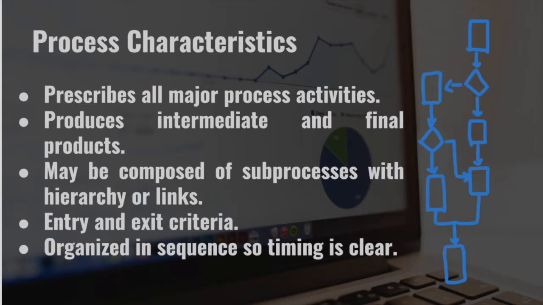We can safely assume that any process that is on the top has a higher hierarchy than the ones in the bottom. And you can see that we begin from one main thing and then end up at the bottom with only one final goal, which could be, in the best case, the final product that we are expecting to deliver. As anything in life, and a concept that's very common to us as software engineers, any major activity, any major process has entry and exit criteria.